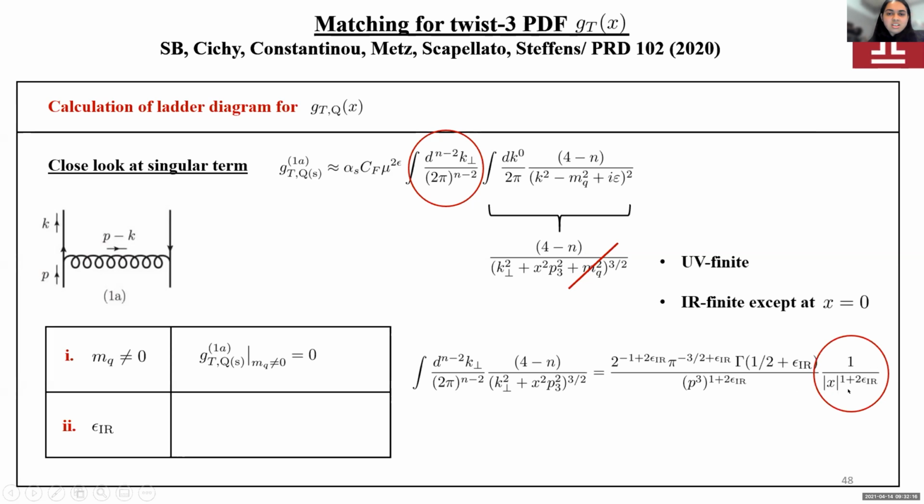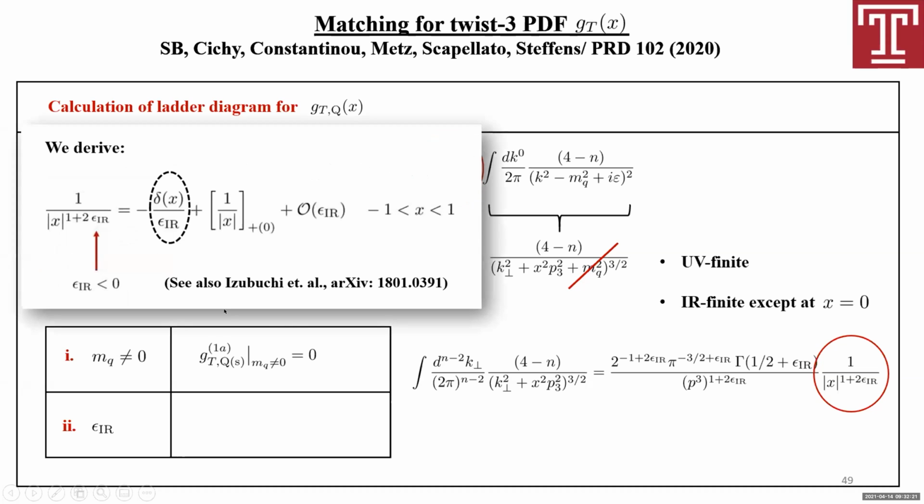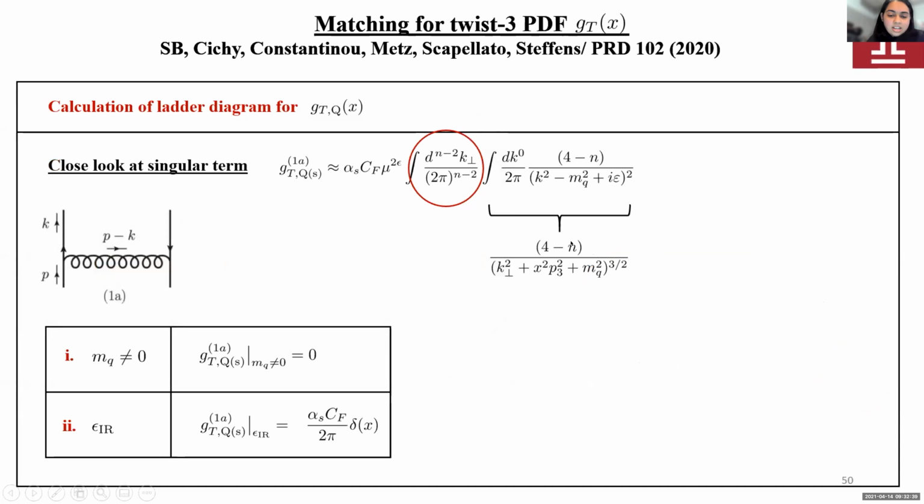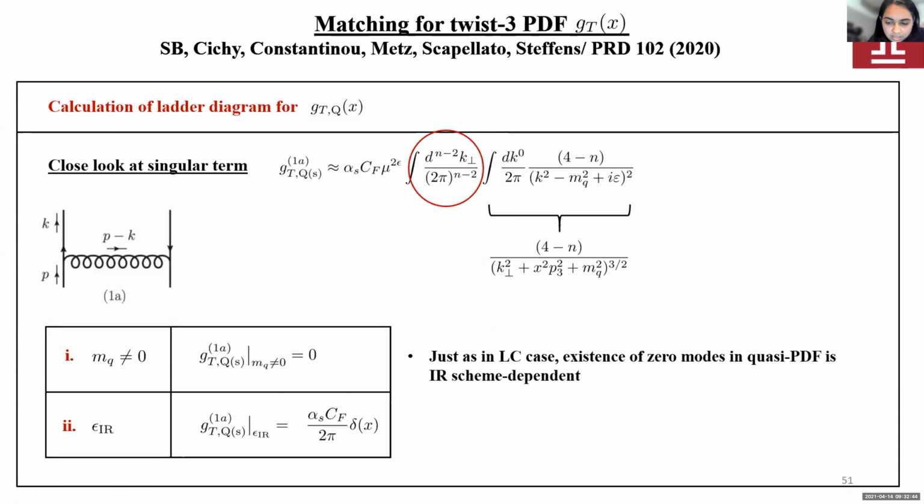This is a non-trivial term to expand in terms of epsilon IR. Nonetheless, we showed that in the sense of a distribution, you can extract the expected infrared pole that I just discussed at the point x equal to 0, plus you get some other finite terms. So this pole cancels the epsilon present in the prefactor such that a delta function now shows up in your quasi-GT. So once again, we see that the appearance of the zero modes is an infrared scheme dependent feature.